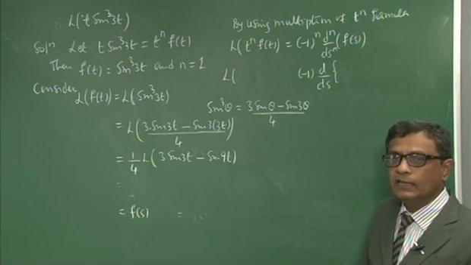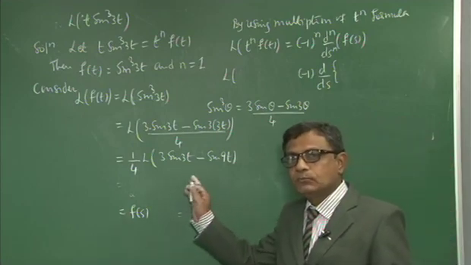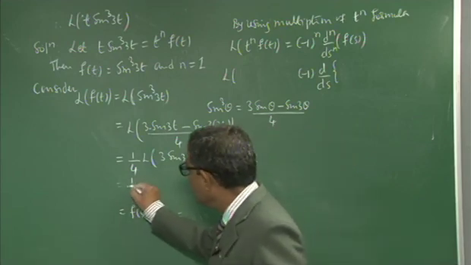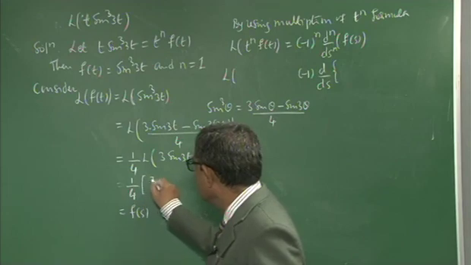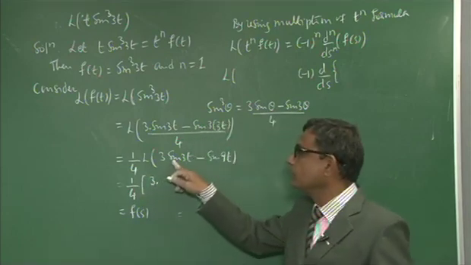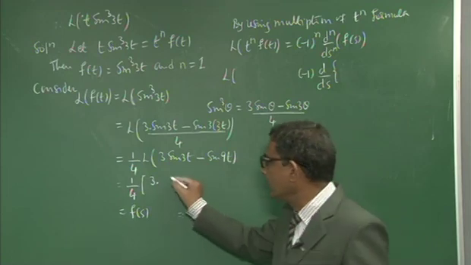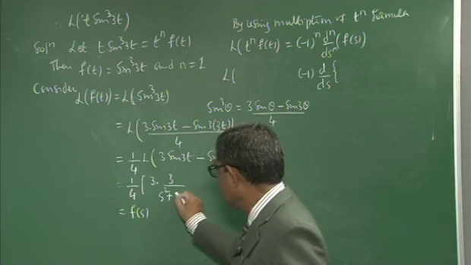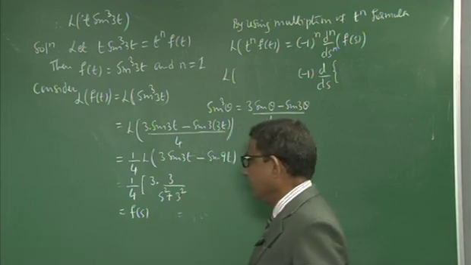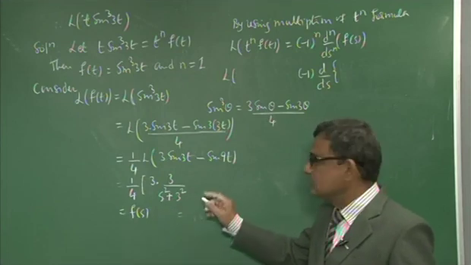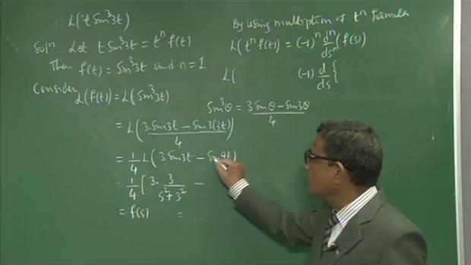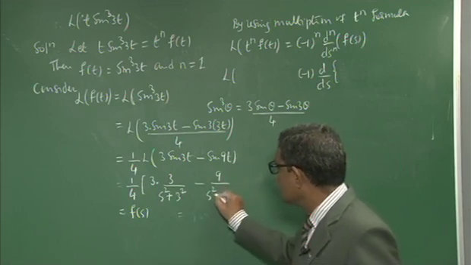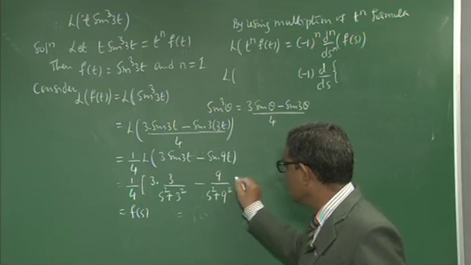Now apply the corresponding basic Laplace transform formulas. 1 by 4 is constant, 3 is also constant. Now L of sin at is a divided by s square plus a square, so 3 into 3 divided by s square plus 3 square, minus again L of sin at, a is 9, 9 divided by s square plus 9 square.